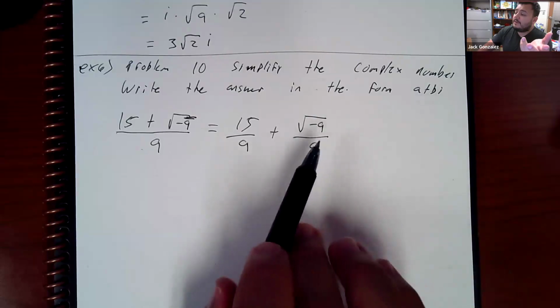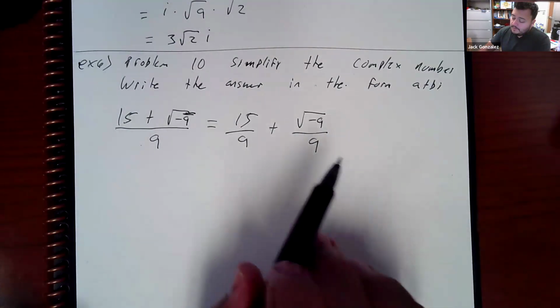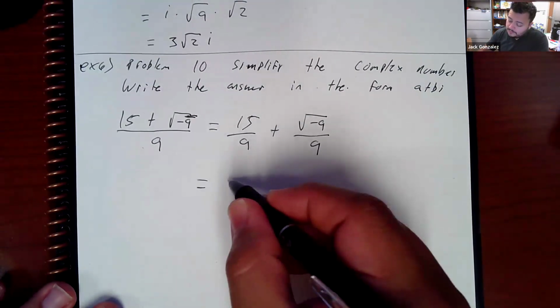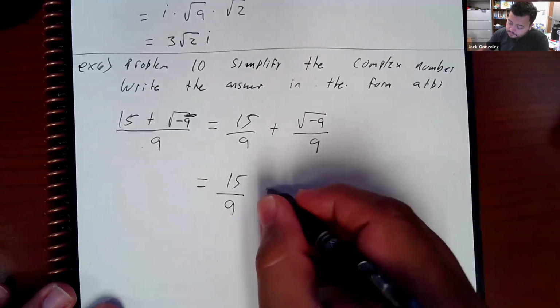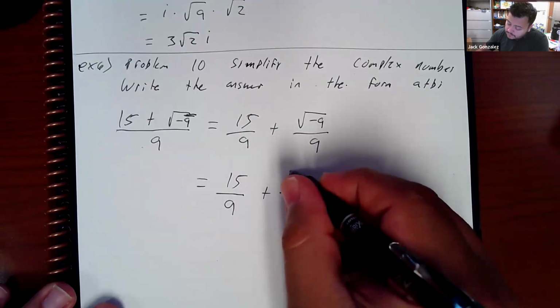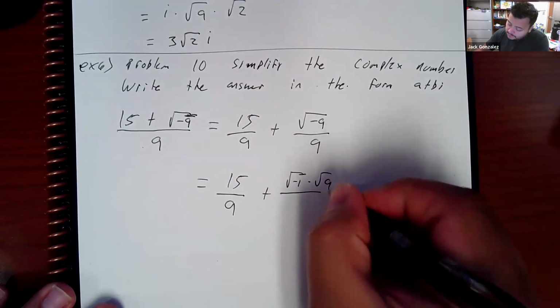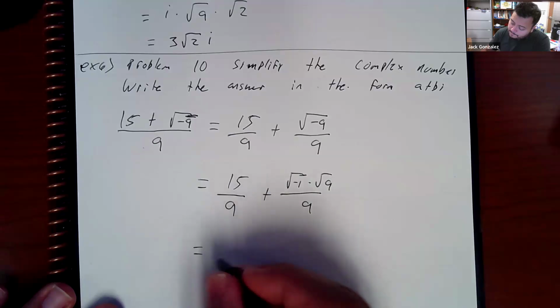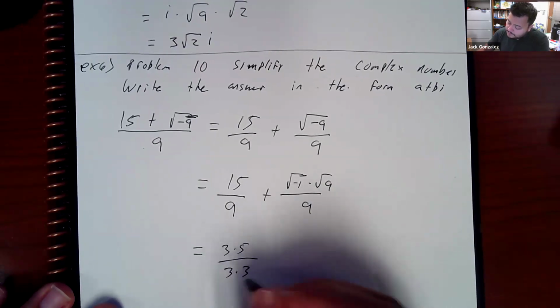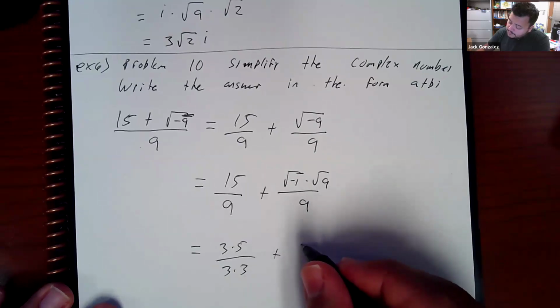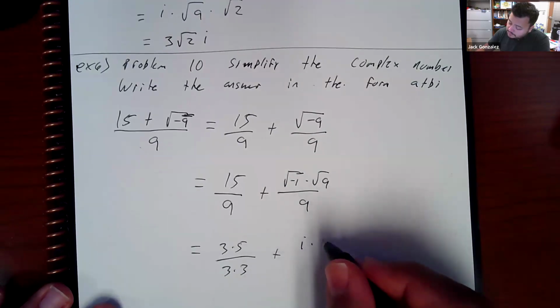The i component will come out of here, right? So that will be square root of -1 times square root of 9 over 9. Technically, we can reduce this fraction, right? This becomes an i, this becomes a 3.